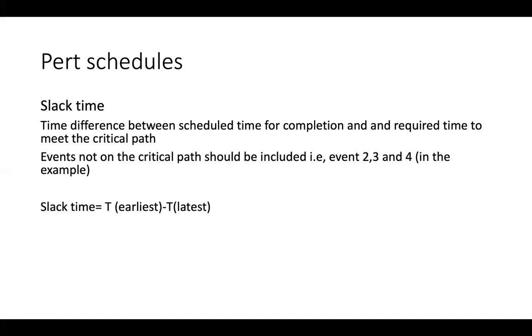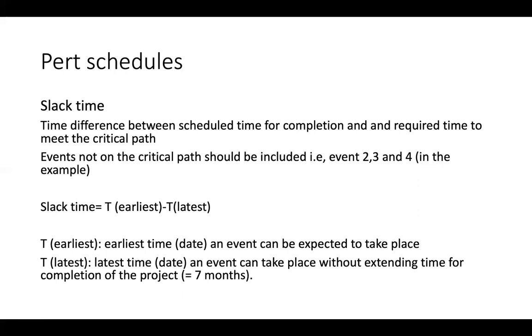So we have the slack time formula: T earliest, the earliest time an event can be expected to take place, and T latest, the latest an event can take place without extending the time for completion, in this case the critical path.